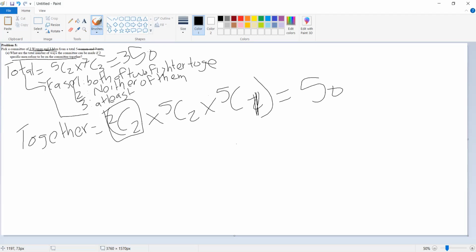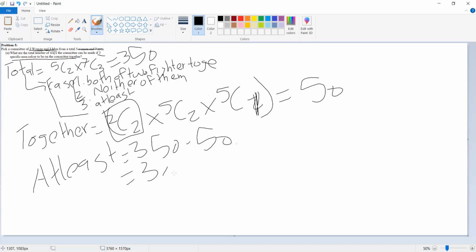So if you subtract total minus together, you get at most 1 of them, not at least, at most 1, which is equal to 350 minus 50.